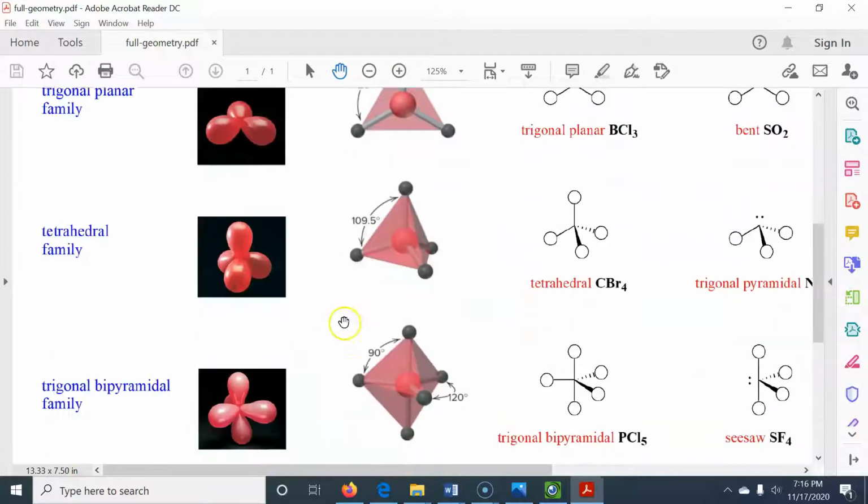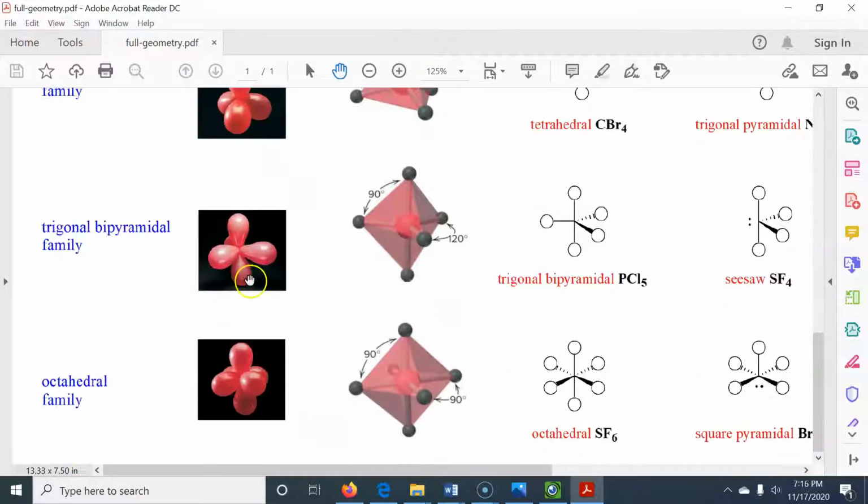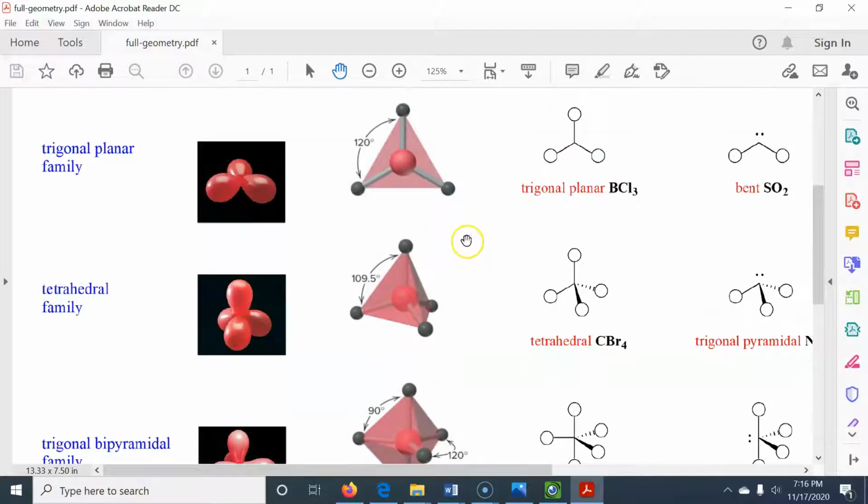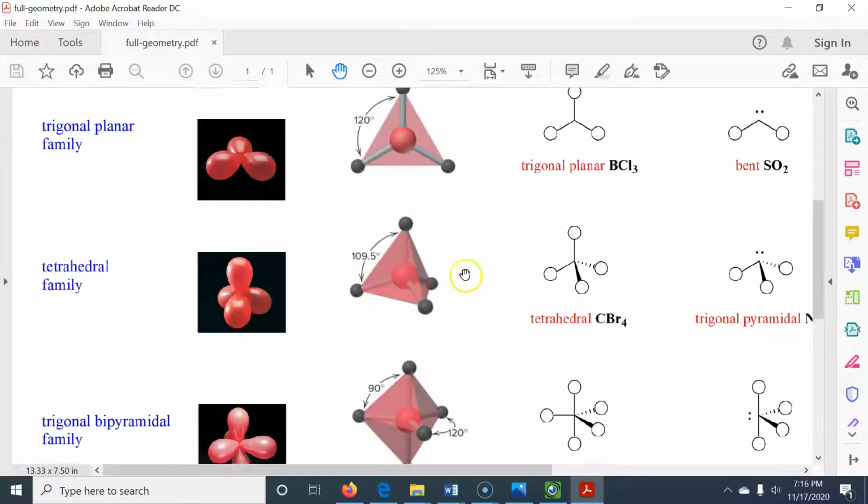So for the trigonal bipyramidal family, that is the best way you could separate it. That is as far as the balloons can be from each other. But we have actually two angles here, two main angles. We have a 90-degree right angle, okay? And then the three outer atoms that are in the plane, they form basically a trigonal planar. So that's 120 degrees again, just like we had up here, 120 degrees.